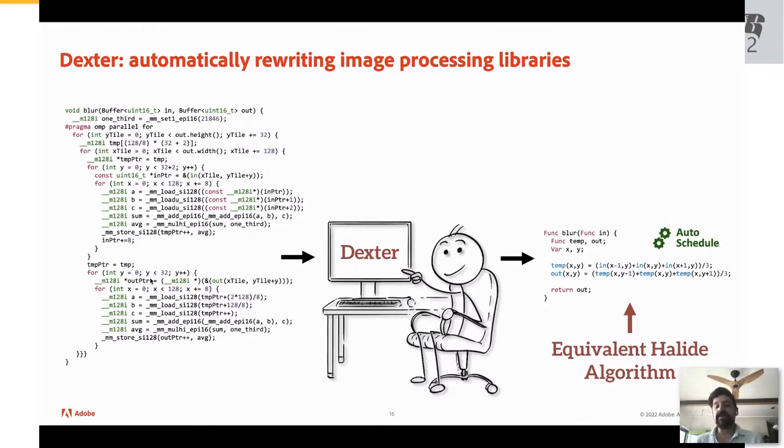And because our domain is image processing, we of course chose Halide as the output language because it makes it quite easy to see the semantics of the underlying code when you have it written out in this declarative fashion. And then we can do things like manually schedule that code for new hardware or throw the auto scheduling machinery at it so that we can automatically come up with faster schedules and faster ways to perform that computation.